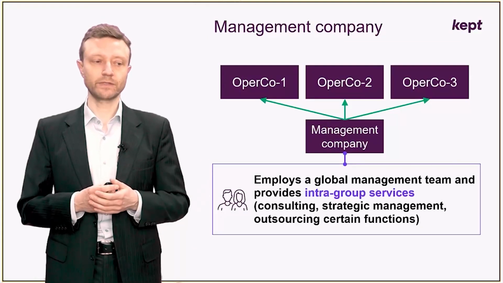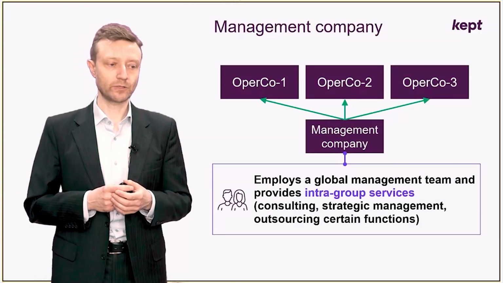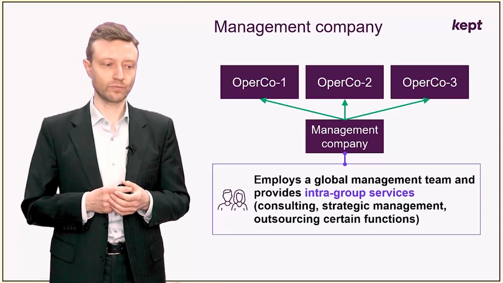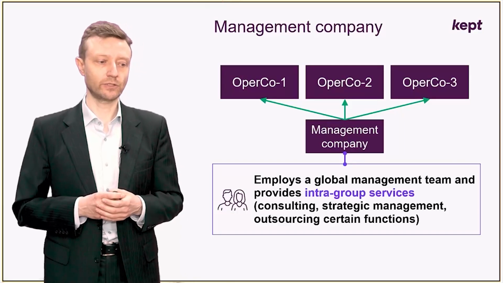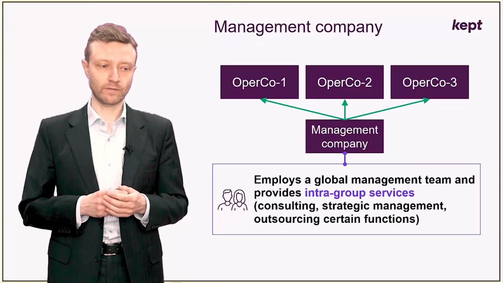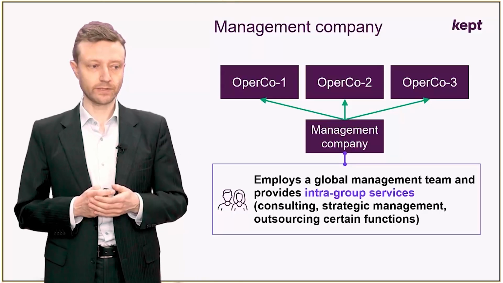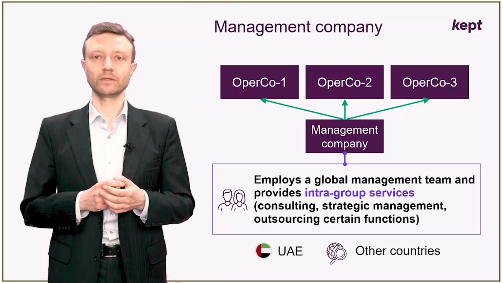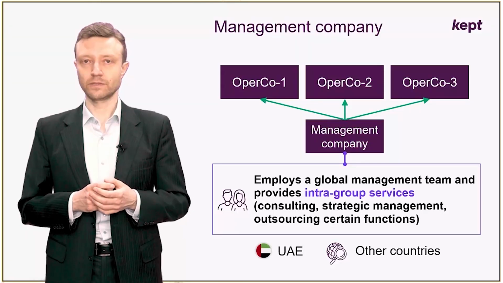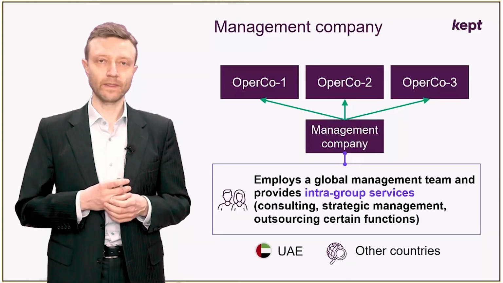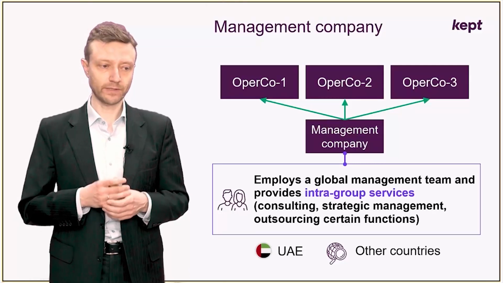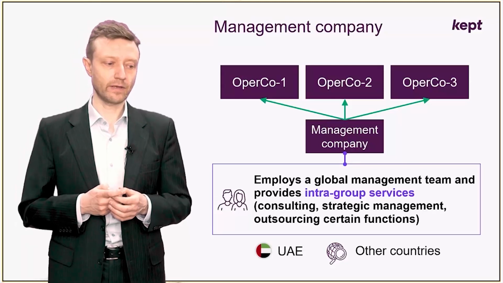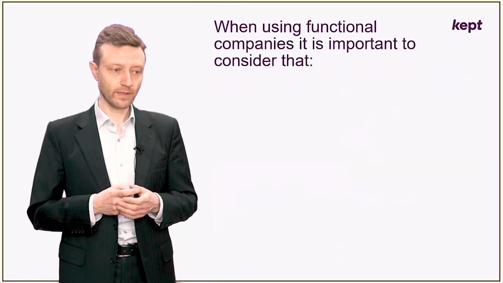As is on this slide, there is a management company that employs a global management team and provides inter-group services, for example, consulting, strategic management, and outsourcing of certain functions to the operating companies. And again, the United Arab Emirates is not uncommonly used as a location for companies' managements, and management companies are not uncommonly set up in the United Arab Emirates.